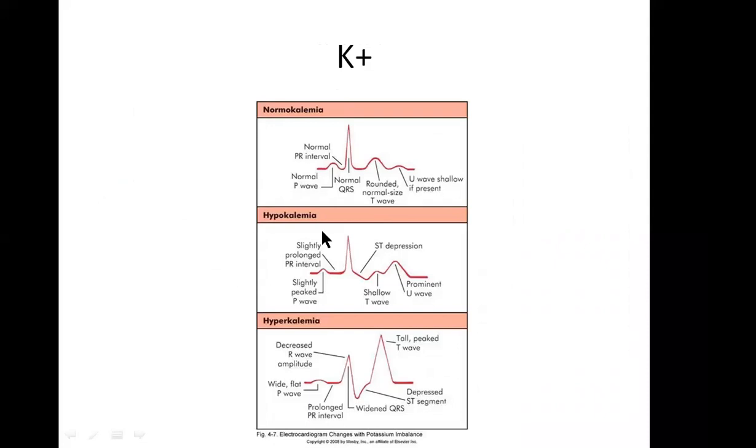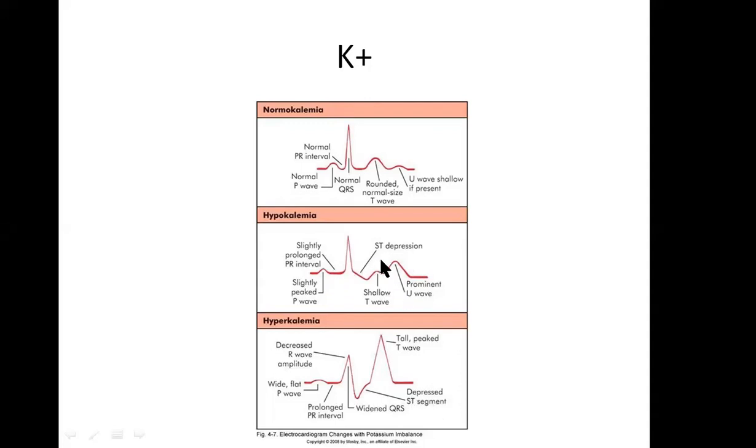These are the changes in hyperkalemia and hypokalemia, and because of the shortage of time, we may not go into detail. In hyperkalemia you can see a peaked, tall T wave, prolonged PR interval, flattened P wave, widened QRS complex, and ST depression.